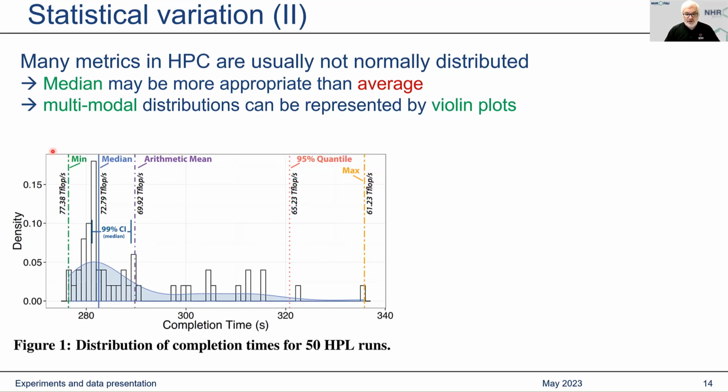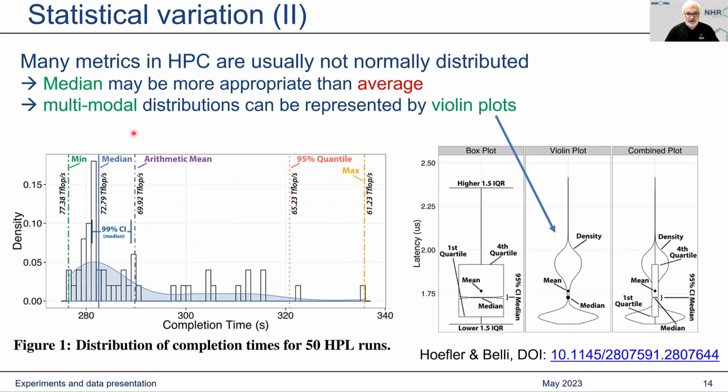You might want to pick and choose among these. I recommend to report the minimum, the maximum, and the median. And you see in this example, the median and the arithmetic mean are considerably different.